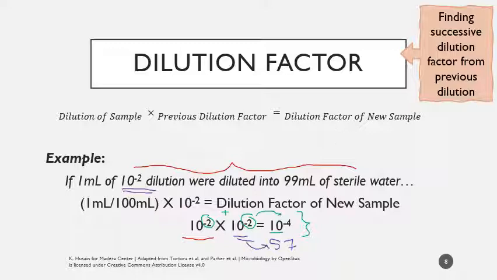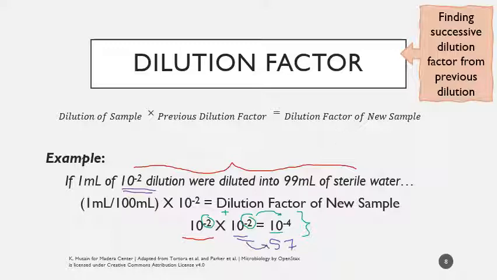The reason I wanted to specify that is because minus 2 times minus 2 is positive 4, so you know here that you're adding them, not multiplying them, but it is tricky because you're multiplying the base. When you multiply those bases and they have exponents, you add the exponents together and get minus 4. So that's tricky, but that's how you solve that dilution problem.